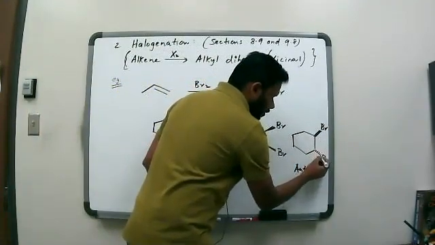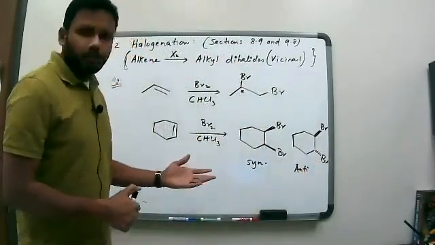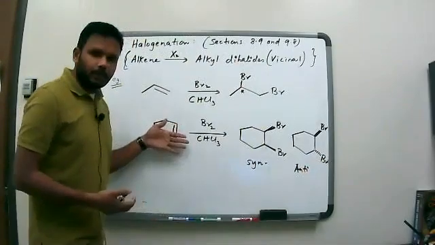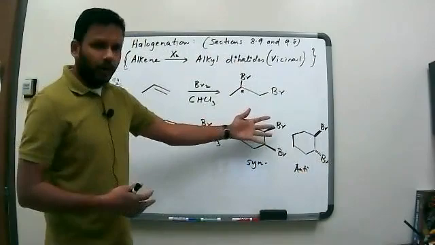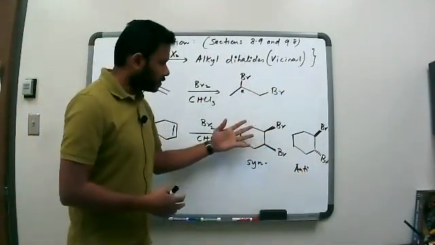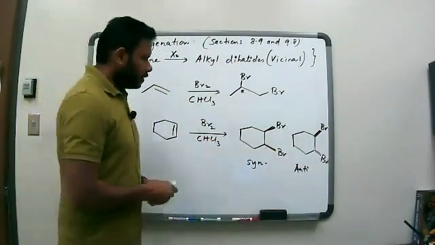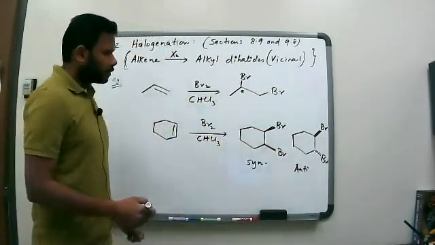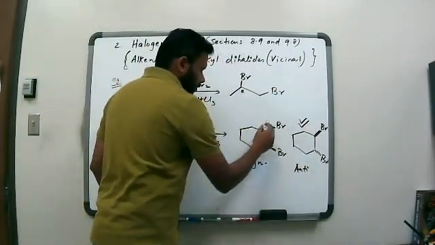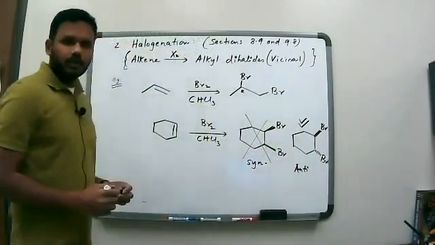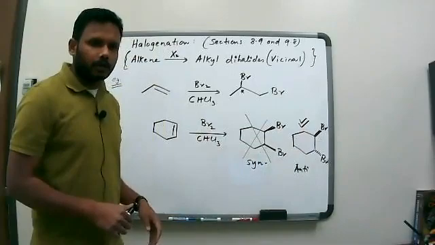So that would be anti. These are both possibilities because it is a ring, so they could both be on the same side, either pointing towards us or pointing away from us, or they could be on opposite sides. And it turns out that when you do a bromination, your product is actually this anti-product. You don't get a lot of this syn product. That's your product, the anti-product.